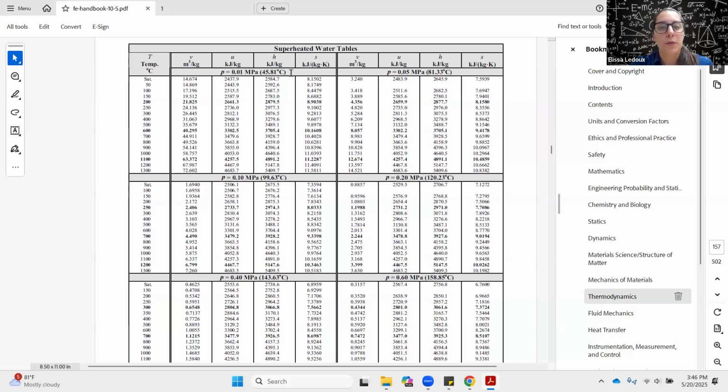So this is a minimum temperature to actually have that pressure and have steam. So anyway, you'd find your pressure, and then you would go to get your specific volume, your specific internal energy, specific enthalpy, or specific entropy, whatever the question is asking for.